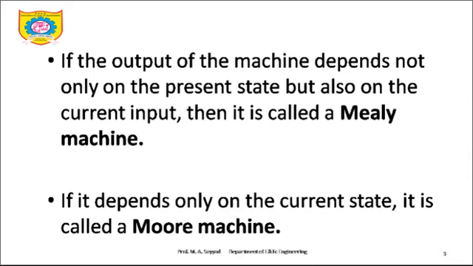To determine the output, it is essential to consider the current input also. Whereas in a Moore machine, the current state is sufficient to find the output, or you can say that the output of the machine depends on the current state only.